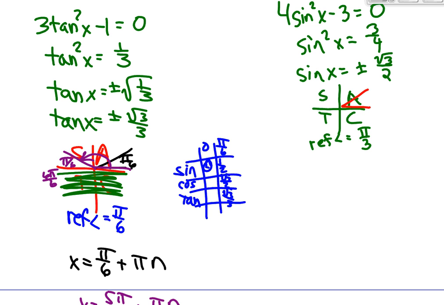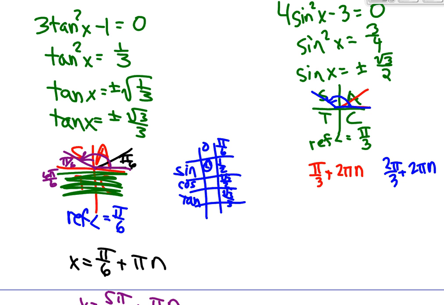So we would have this version, which is pi over 3 plus 2 pi n. And we would have this version. Oh, I always want to do the reference angle. There we go. This version, which would be 2 pi over 3 plus 2 pi n. And I'm writing these in an order so that it's easier for me to do things.